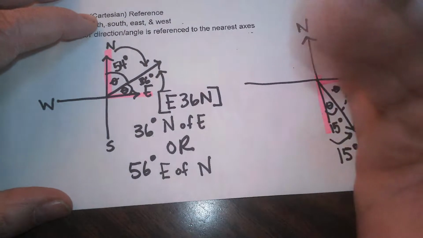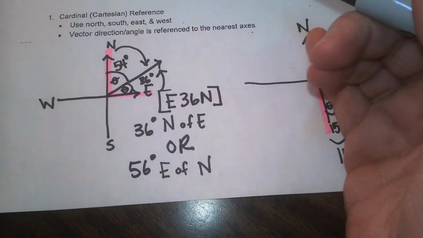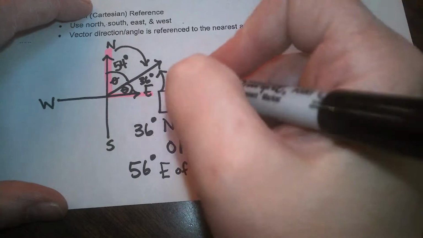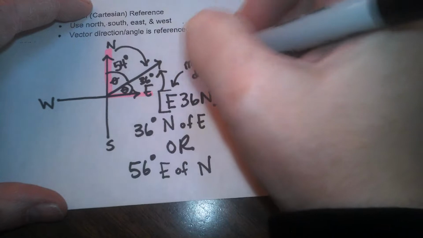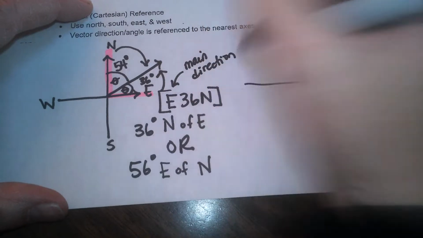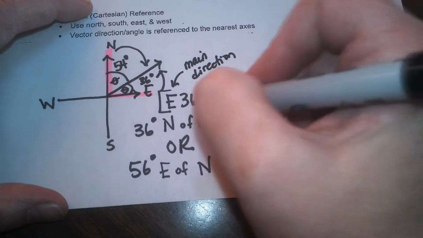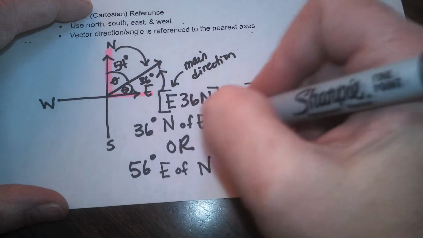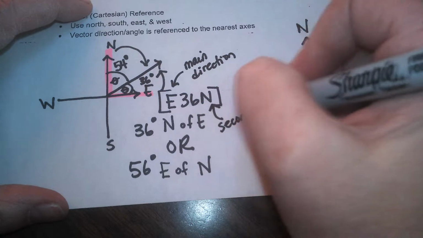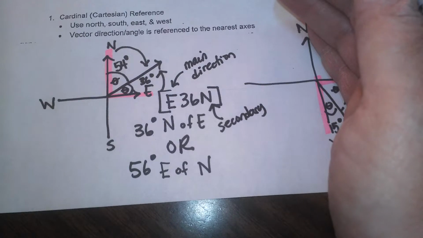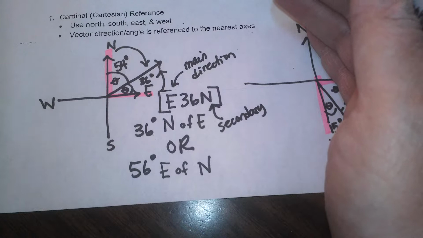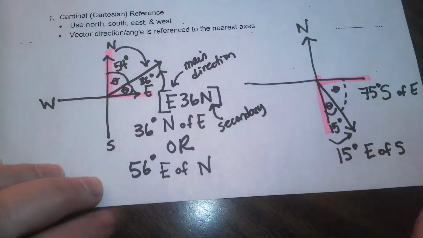The value out front is the main grid line. So east is my main direction. And the north is my secondary. Am I going north? Am I going south to get to that resultant vector?